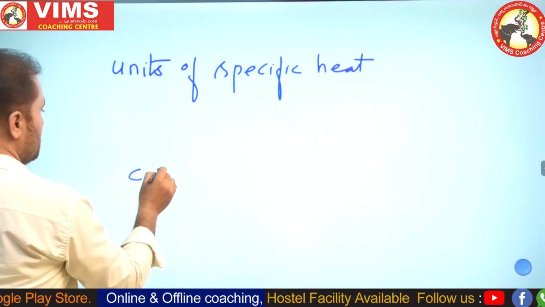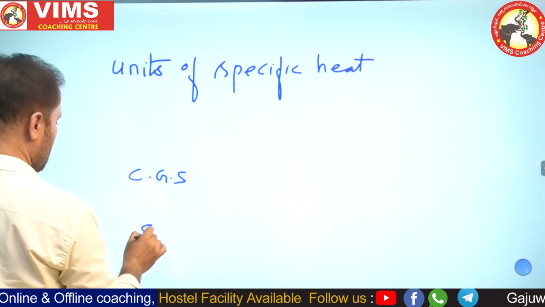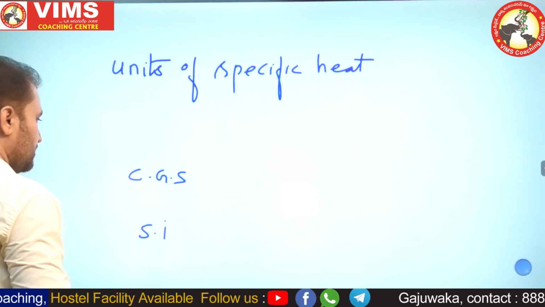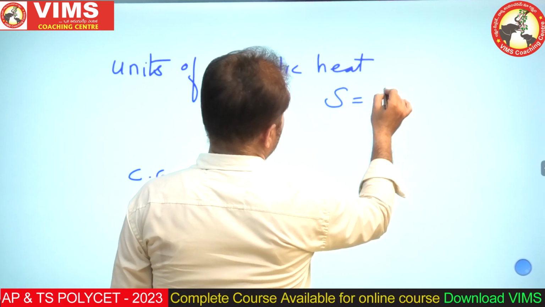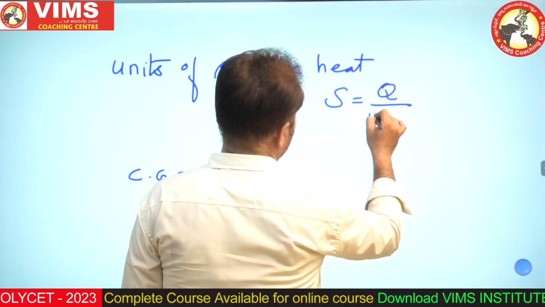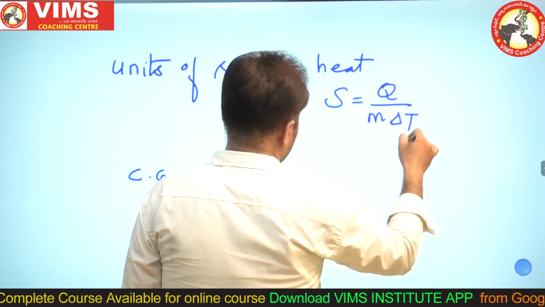Again, we need to measure in CGS as well as in SI. What is the formula? S is equal to Q by M delta T.